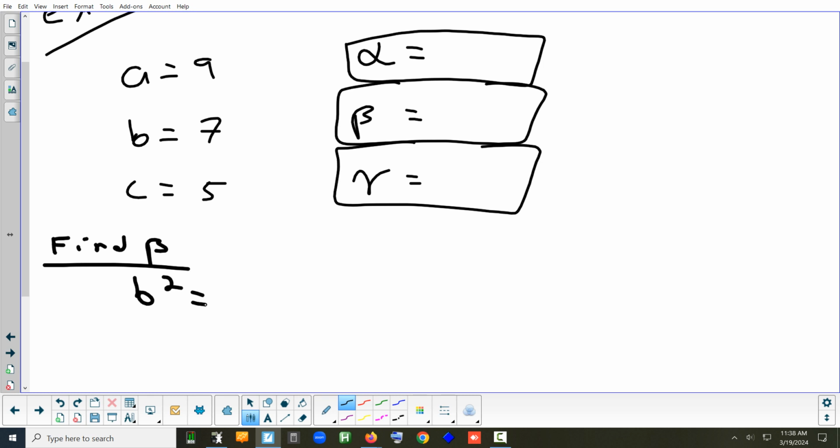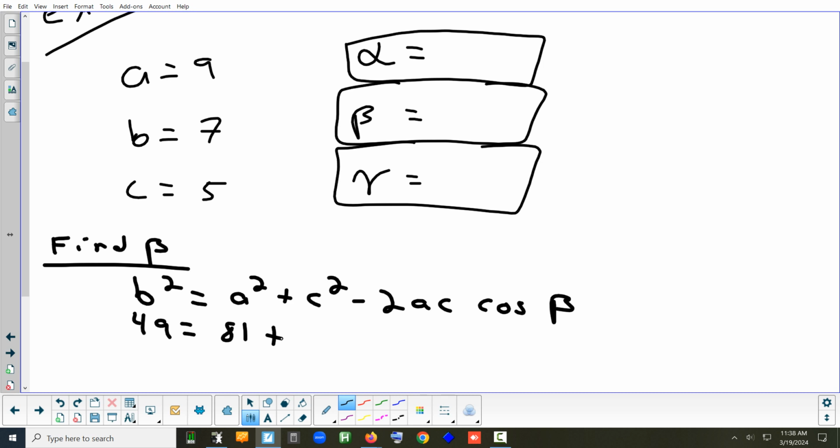So that's b squared equals a squared plus c squared minus 2ac cosine beta. Okay, what's b squared? 49. A squared? 81. C squared? 25. That's the nice thing with side, side, side.